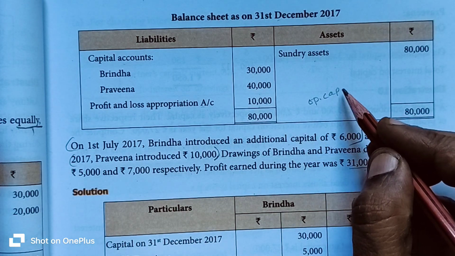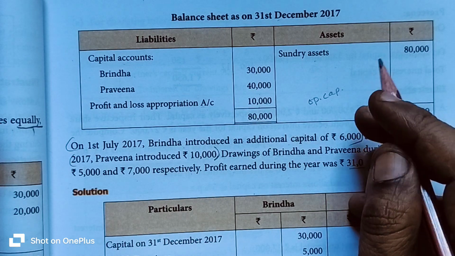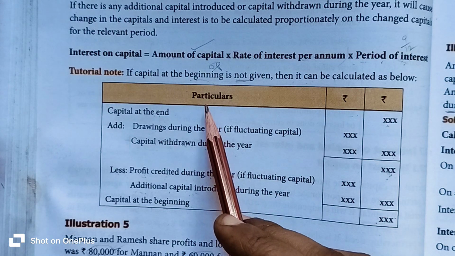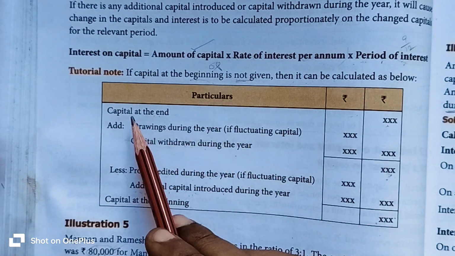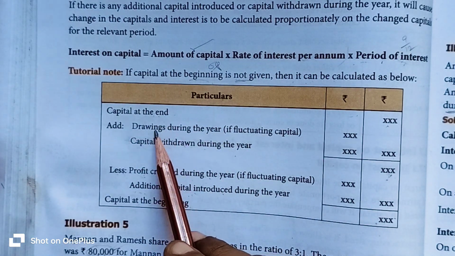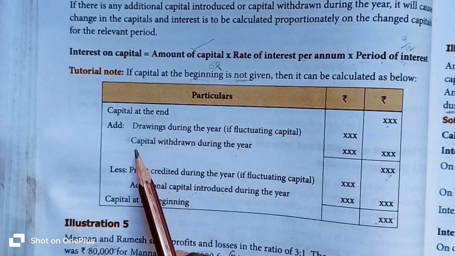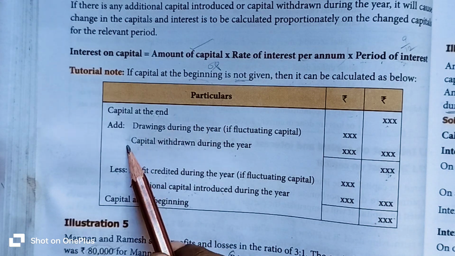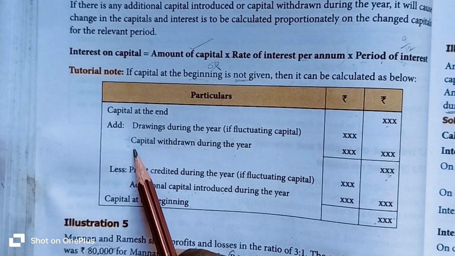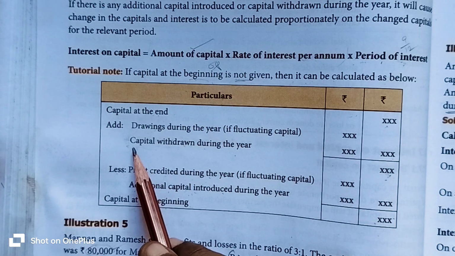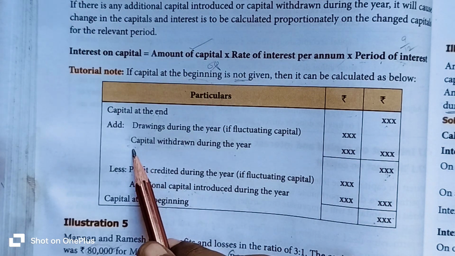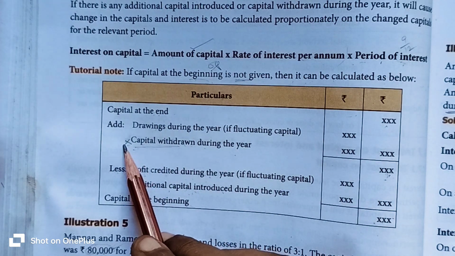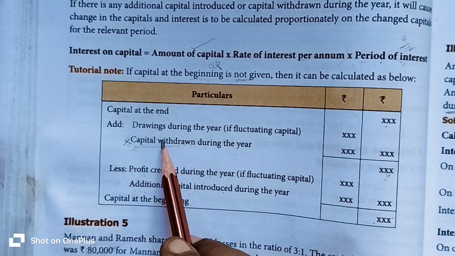So to find out the opening capital, we are going to prepare a format. Listen, if the beginning capital is not given, we follow this format: to the end capital, we add drawings. Capital withdrawn during the year would also be added, but according to the new syllabus it is not given in this chapter, so we need not consider it.